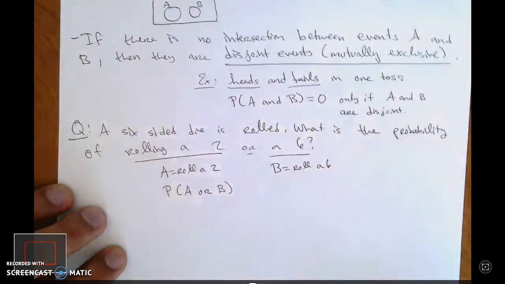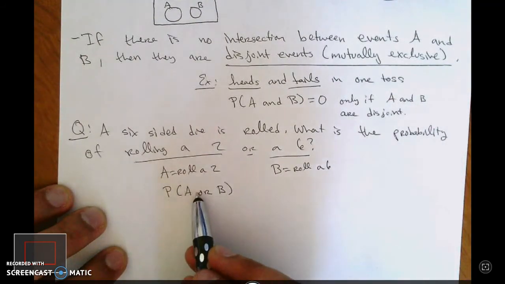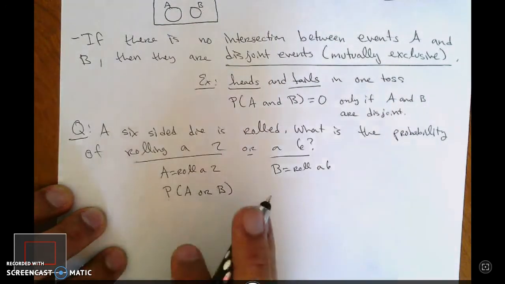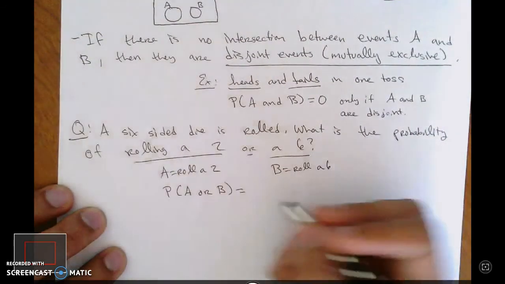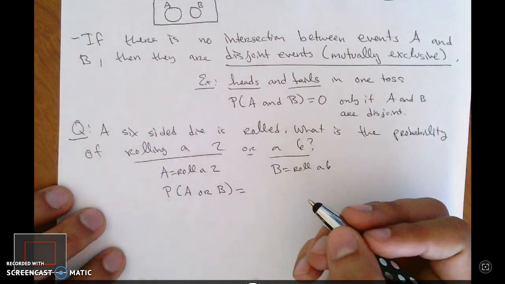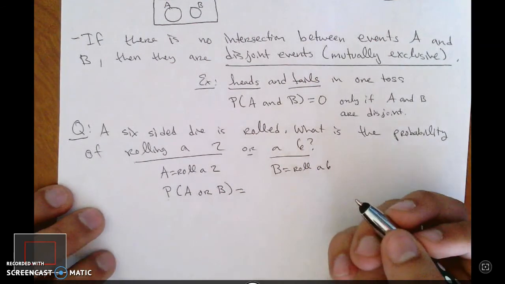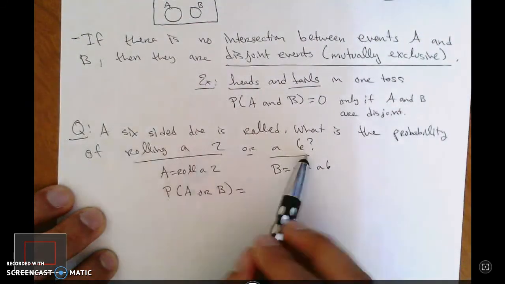Now see how clean that is? I didn't have to write probability of roll a 2 or roll a 6. I don't have to write everything out in the parentheses, so it's much easier to just leave it like that. So what would this be? Probability of rolling a 2 or rolling a 6, well, if you just think about it, the answer is just 2/6.